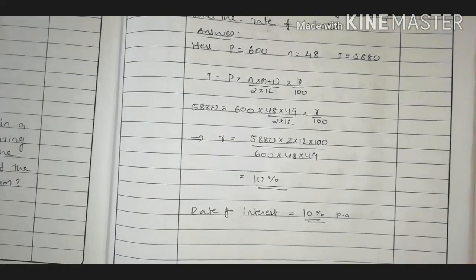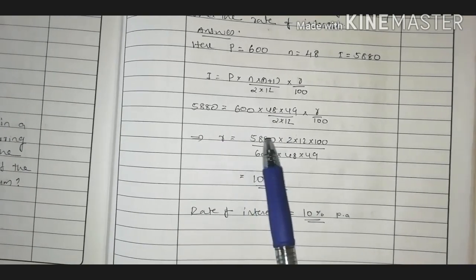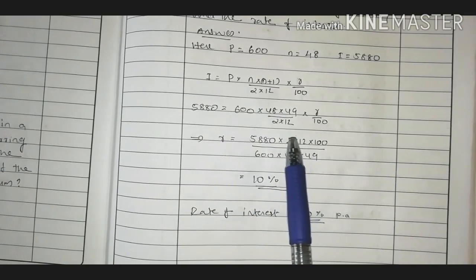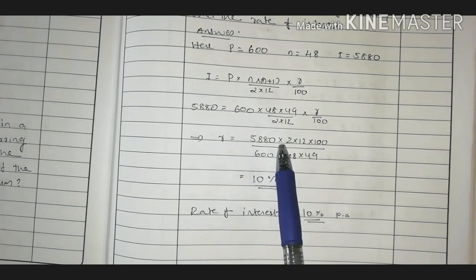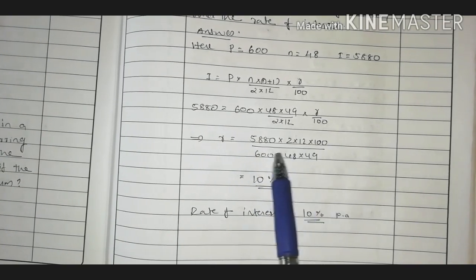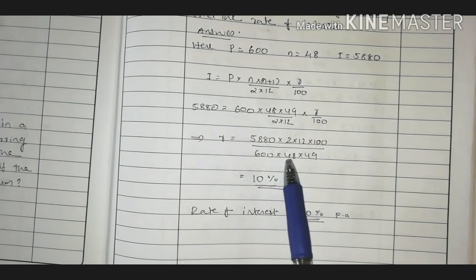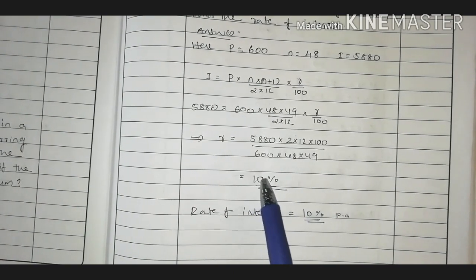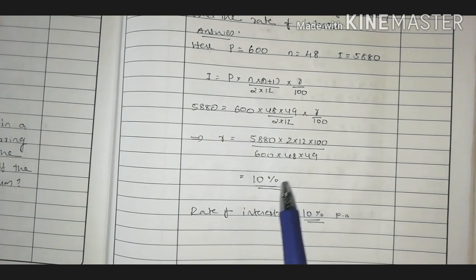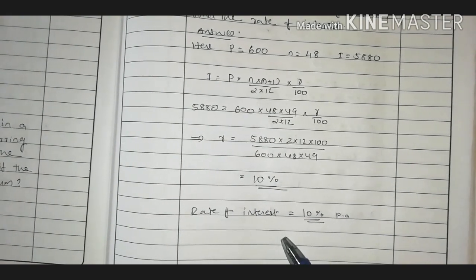After cross multiplication, we are getting R is equal to 5880 into 2 into 12 into 100 divided by 600 into 48 into 49, and after calculating this we are getting 10. That means the rate of interest is 10% per annum.